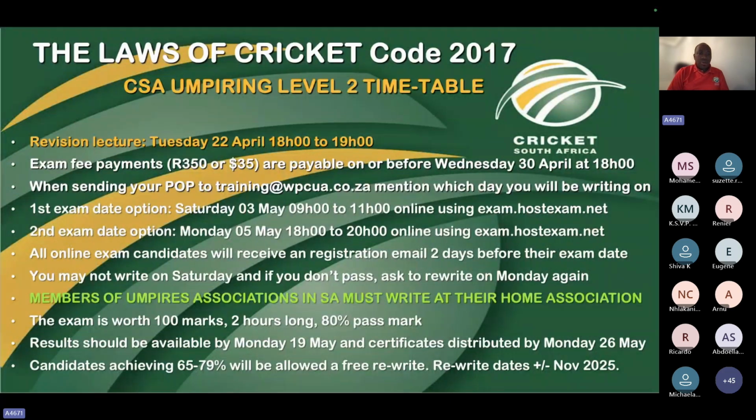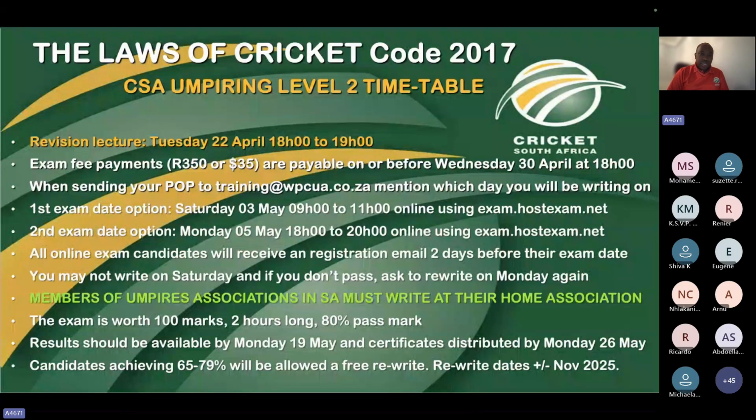All members of any umpires association in South Africa need to contact their head of training or their training coordinator and find out when their association is hosting a level 2 exam sitting. It will not necessarily be on Saturday the 3rd of May or Monday the 5th of May.